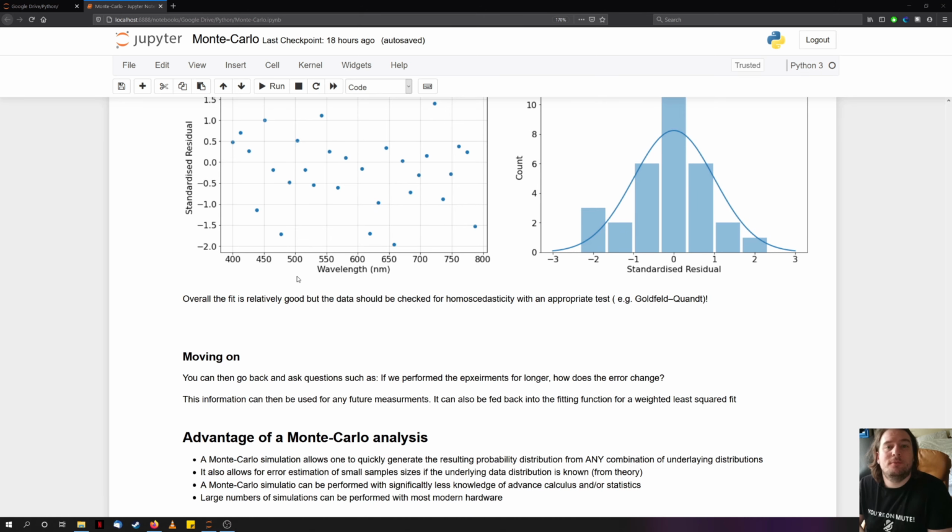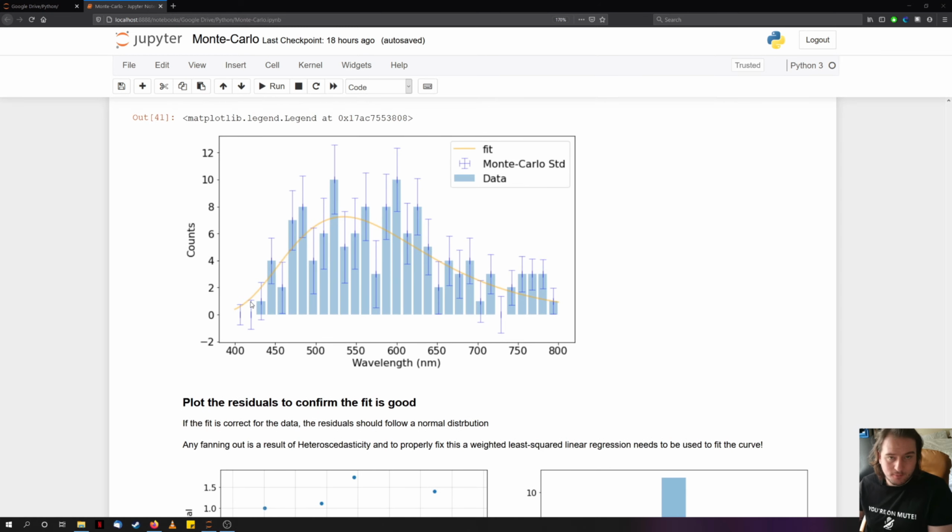And so moving on from this, what did we actually do? We took some data that we measured. It suffered from shot noise, so we didn't have a lot of samples for our data set, and the results were binned. But we did have a good understanding of the theoretical underlying process which generated those values. So by using a Monte Carlo simulation, we asked the question, if we measured those same 130 events again, what's the typical variation that we would expect to see within each of those bins?